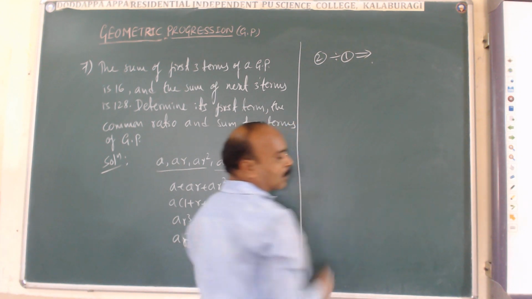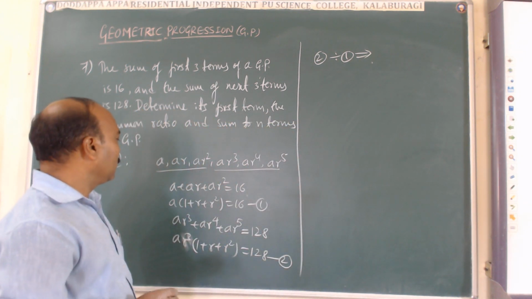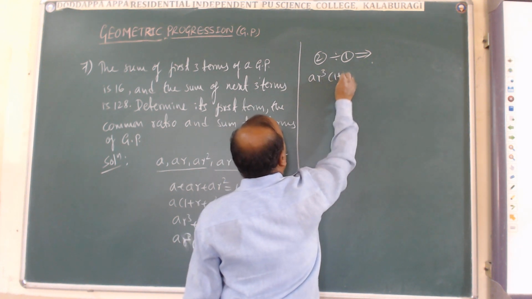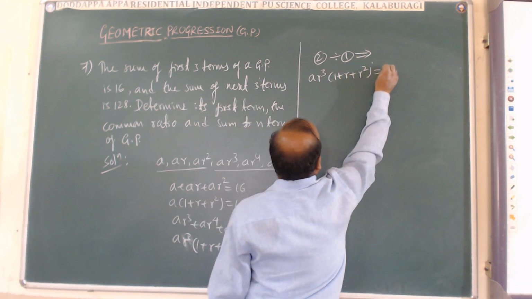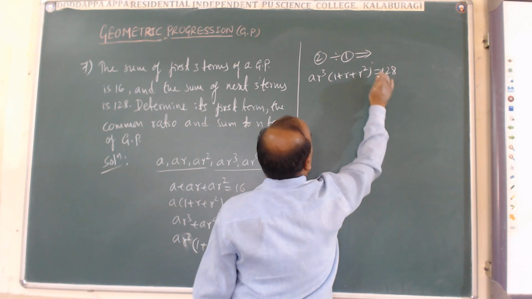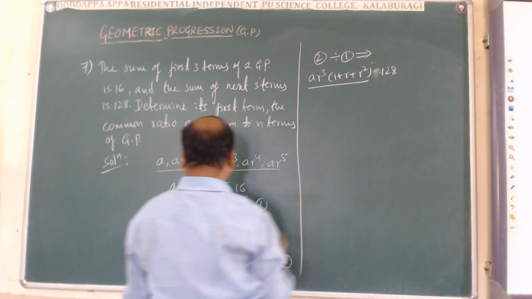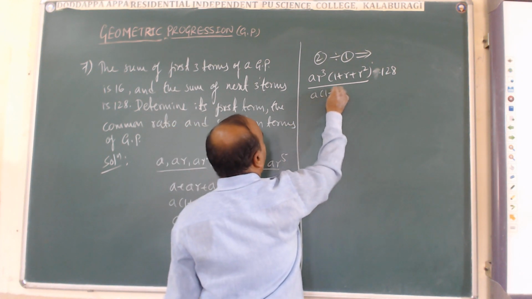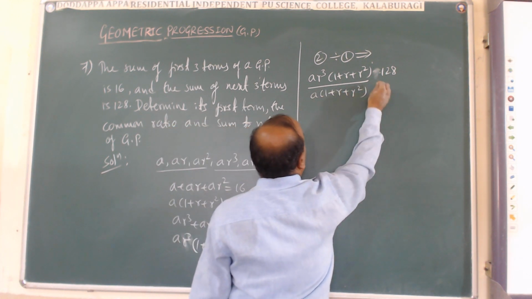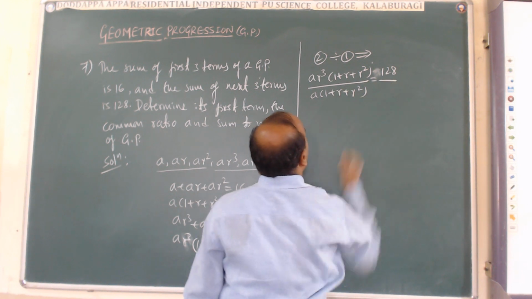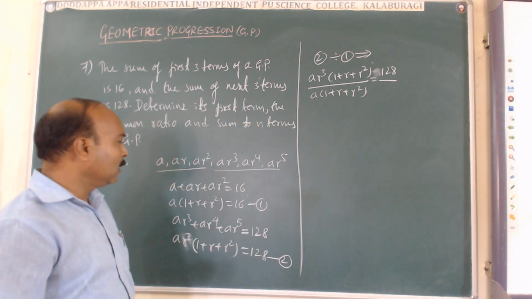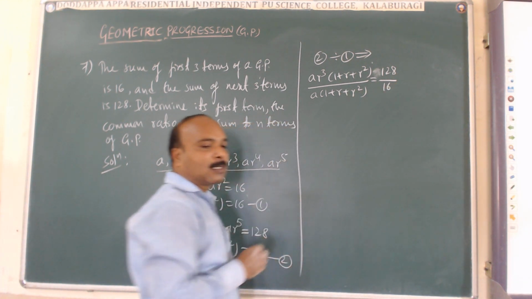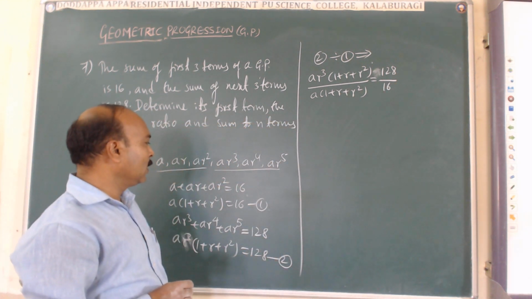First we write 2 as ar cube into 1 plus r plus r square equal to 128, divided by the left hand side of 1, a into 1 plus r plus r square equal to 16, the right hand side of equation 1.